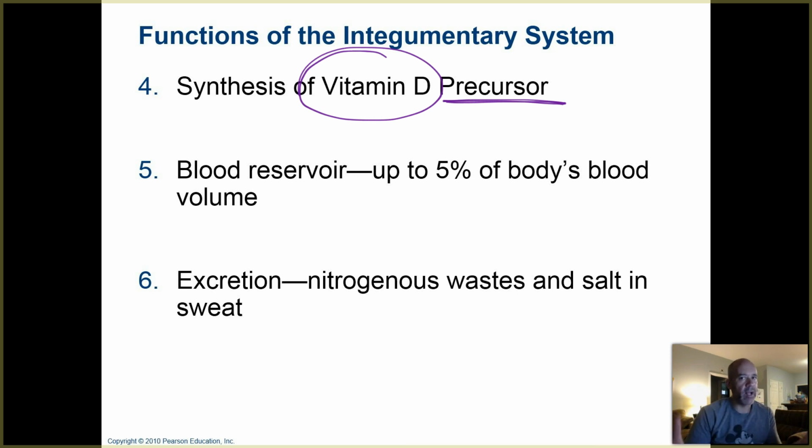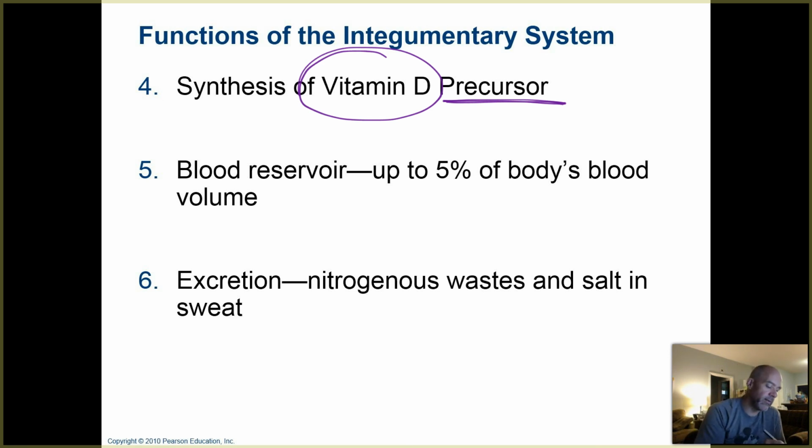So vitamin D is an organic type molecule that has lots of little ring-shaped structures in it. And so in the skin, it's a precursor because it doesn't have its fully mature pattern of atoms that are linked together properly to make it functional. So it actually has to travel from the skin to the liver and the kidneys to become fully functional.